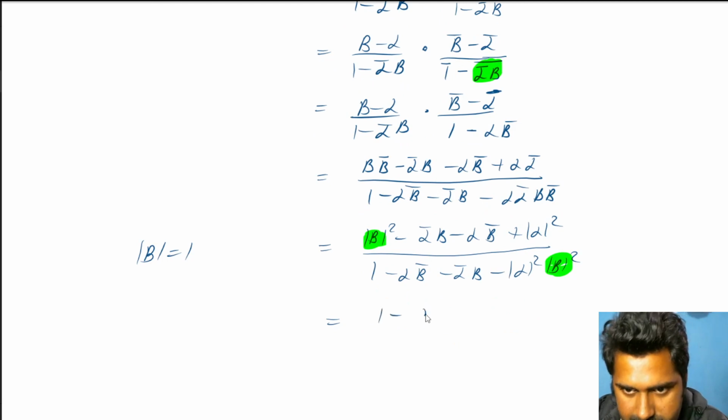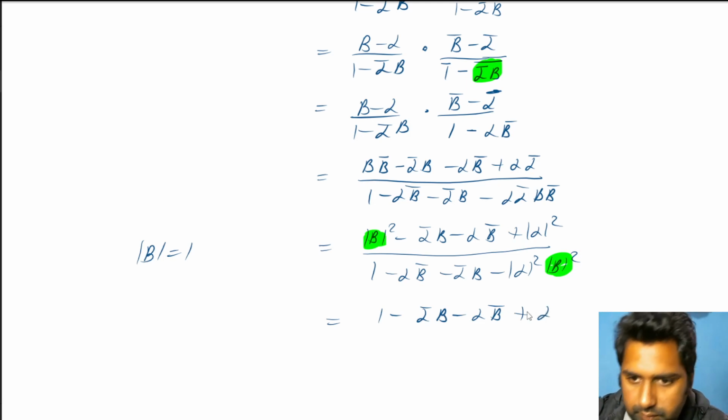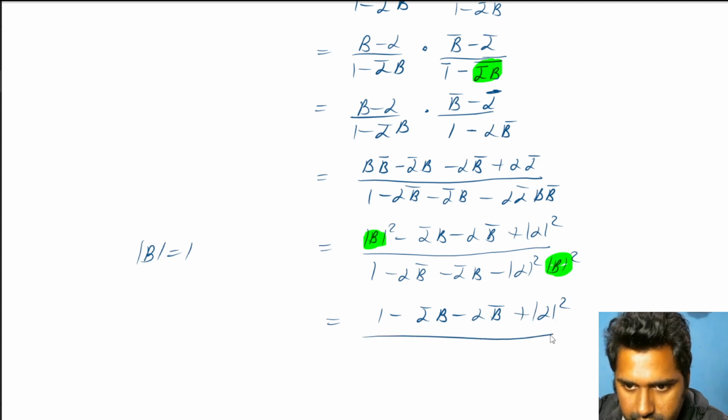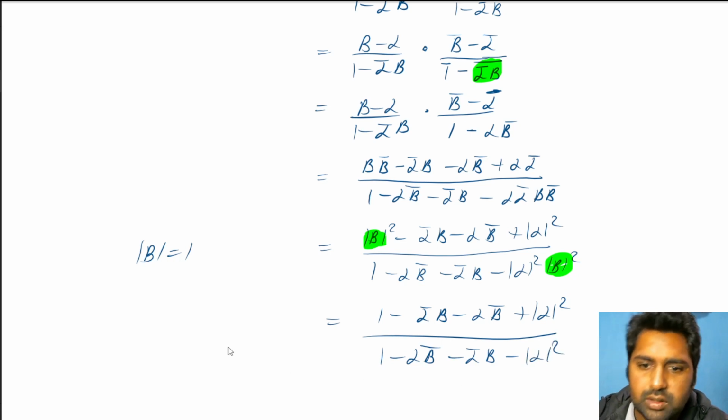So 1 minus alpha bar beta minus alpha beta bar plus mod alpha square, upon 1 minus alpha beta bar minus alpha bar beta plus mod alpha square.